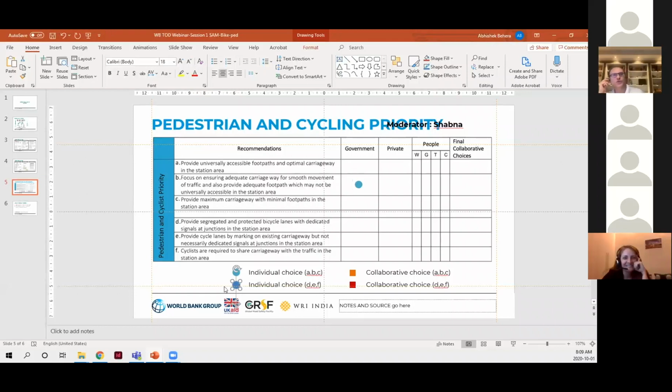Looking at cycling, first, it's too hot in our country for people to cycle. So I don't think it makes a lot of sense to invest in cycle lanes, and certainly not in redoing the signal that we just invested in. For two cycles, it's really not useful.